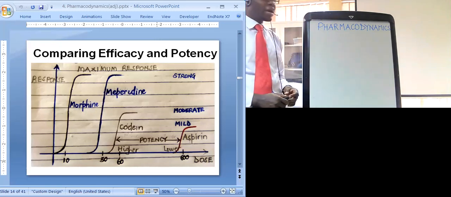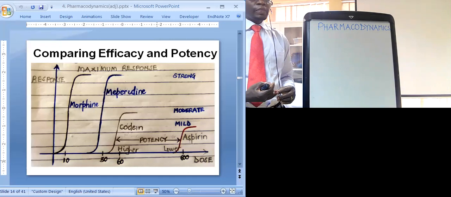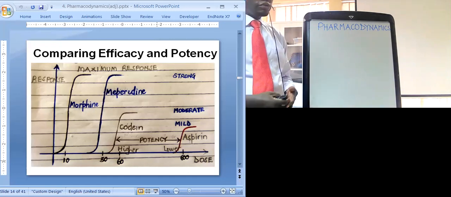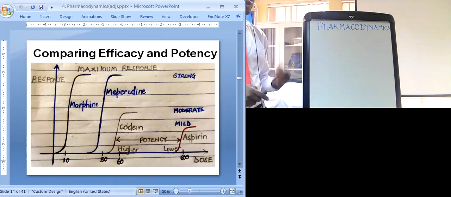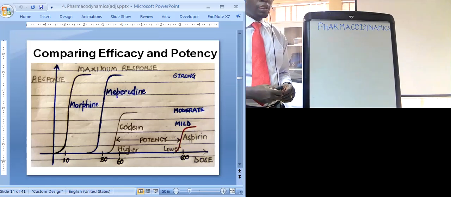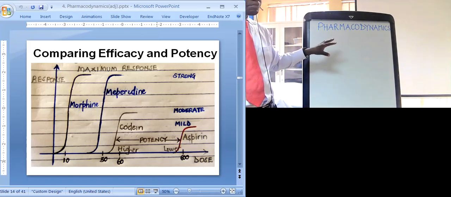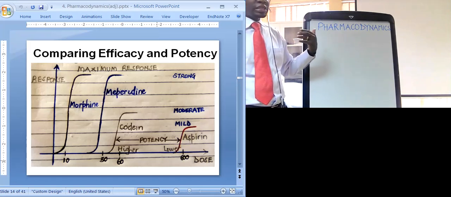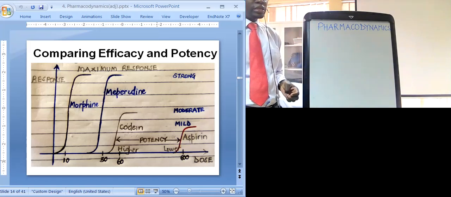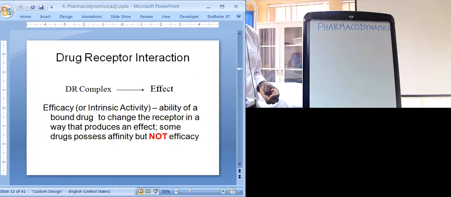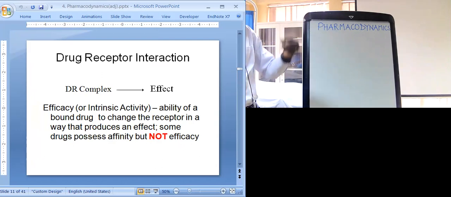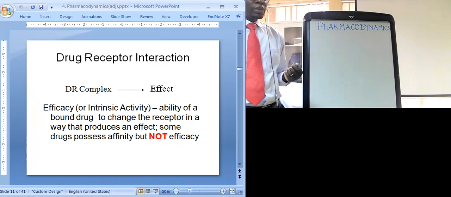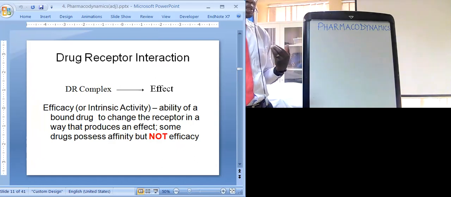And maybe just to remind us a little bit, we say that potency is the amount of drug that is basically needed and elicits a response or a maximum response, while efficacy is basically the response that a drug is supposed to make. With efficacy, there is binding, as we said earlier on, but at the same time it makes an effect.